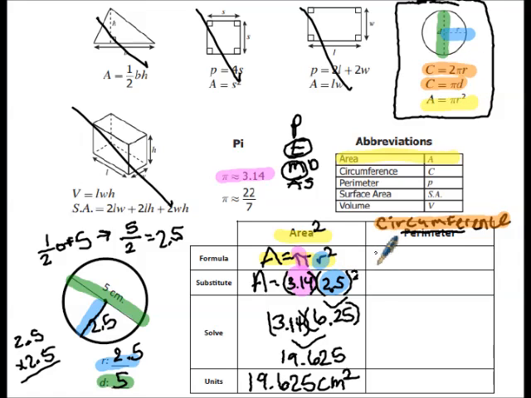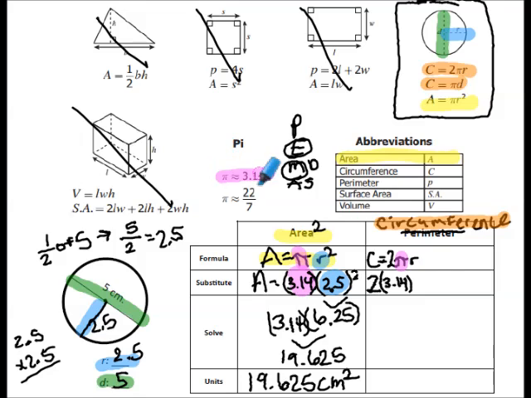For the circumference, we see two different formulas that say C equals, because the abbreviation for circumference is C. So I could use C equals 2 pi r and replace pi. So I have 2 times pi, which is 3.14, times the radius, which we found out to be 2.5.